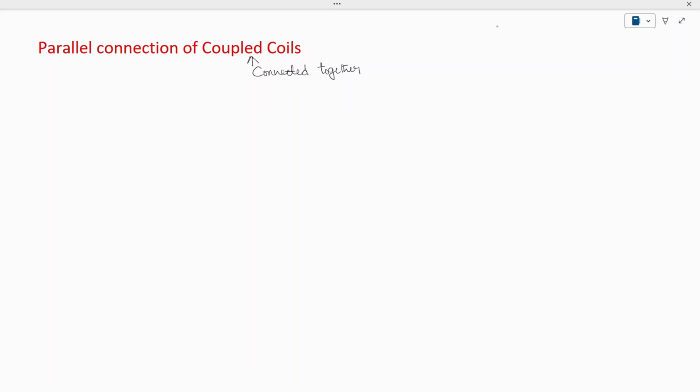So remember, we need to get the parallel connection of coupled coils in parallel additive and parallel subtractive is L1 L2 minus m square divided by L1 plus L2 minus 2m. So this denominator will be changing. In this parallel connection, two connections are there: the first one is parallel additive, and the next one is parallel subtractive.